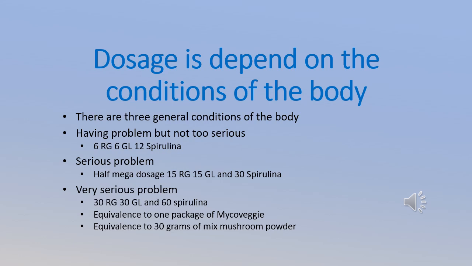It is not so critical, but 30 Rg and 30 GL are a must for this mega dosage. So when there are serious problems like diabetes, cancer, and many other serious problems, we have to go for this mega dosage. So this is all about the dosage.